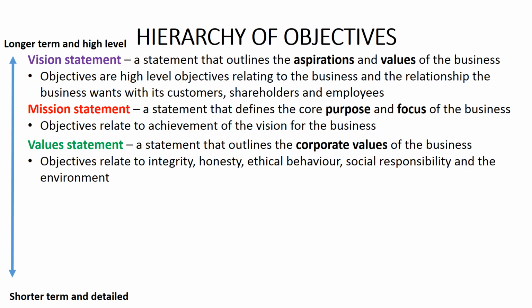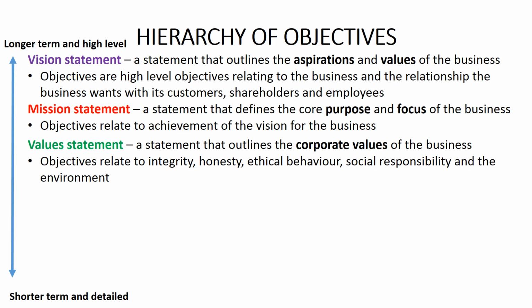Now, as such, the sorts of objectives that you would expect to find in a value statement relate to things like integrity, honesty, ethical behaviour, social responsibility, and the environment. And in that dot point, you have a description of the nature of the objectives contained in a value statement, which you can include in the third column of the table in your summary books.